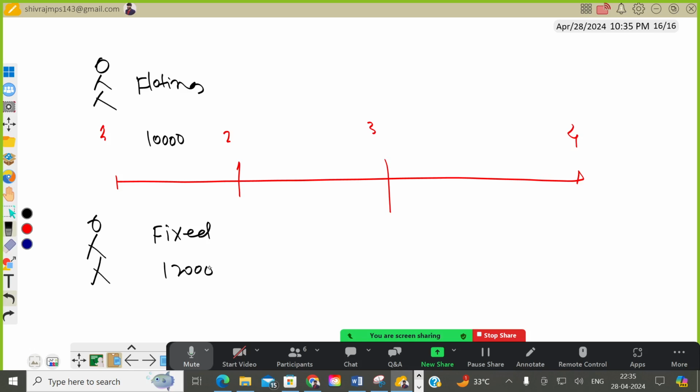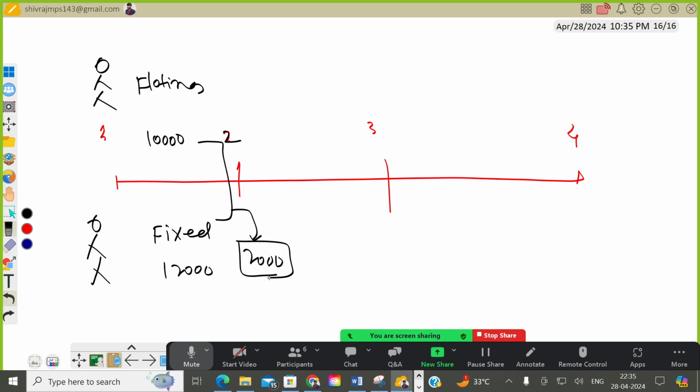All right. But in this particular case, at the end of the year, if we talk about cash flow, the net cash flow generated is only 2,000. And this 2,000, the counterparties will exchange it.